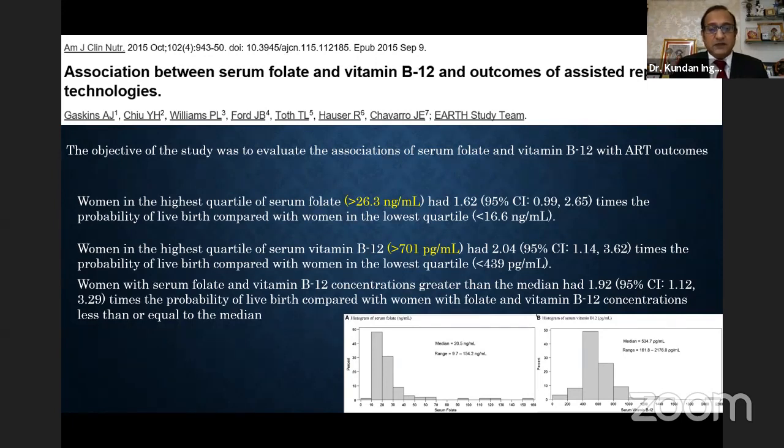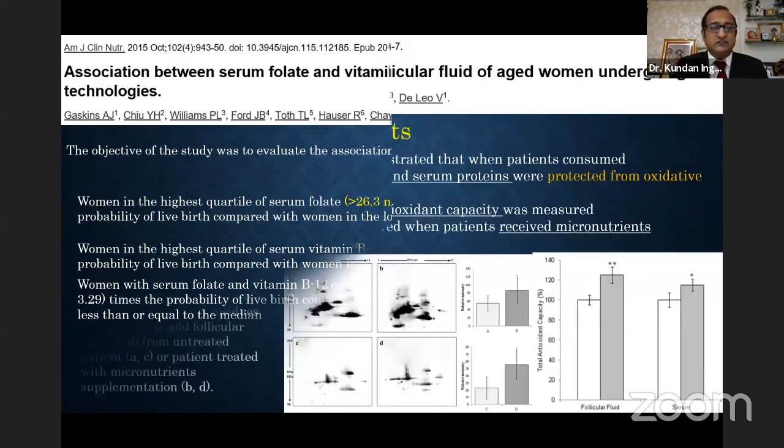So I think supplementing these vitamins prior to commencing treatment, for at least 2 to 3 cycles, is going to improve the live birth rate, and that is why I see to it that they maintain these levels in this range.